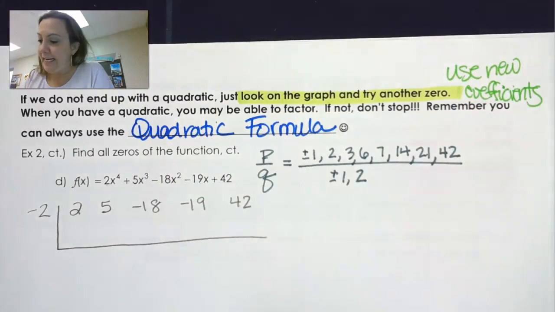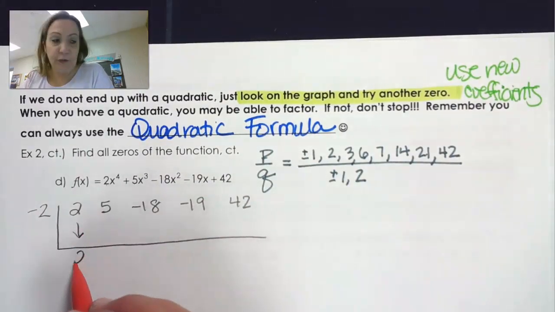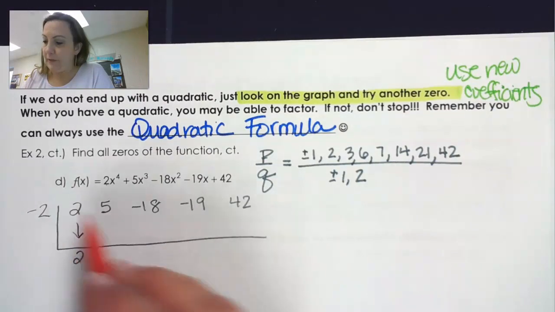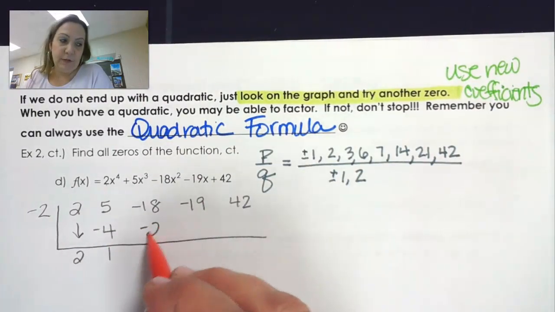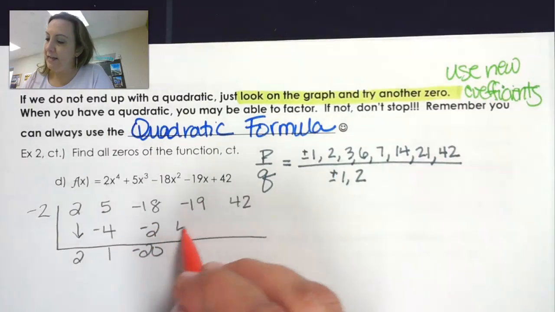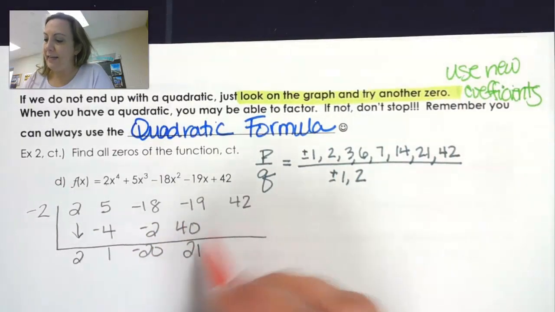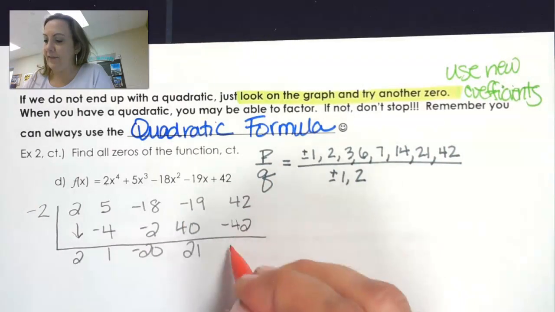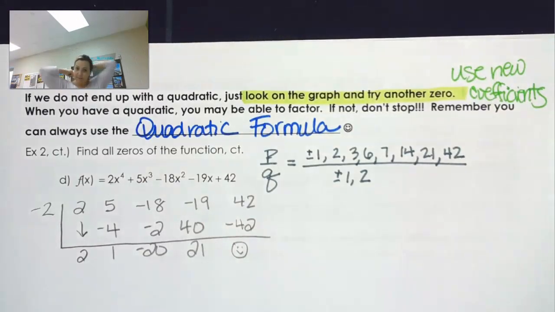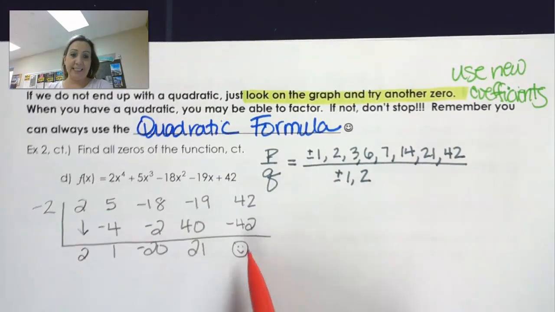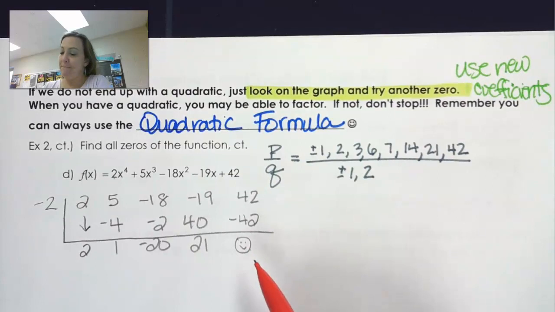And I'm going to bring down the 2. Multiply, and I get negative 4, add, multiply, and add, multiply, and add, and you don't have to do this as fast as I do, but we see that we do get this 0 that's here. So it is a 0 of the function, okay?